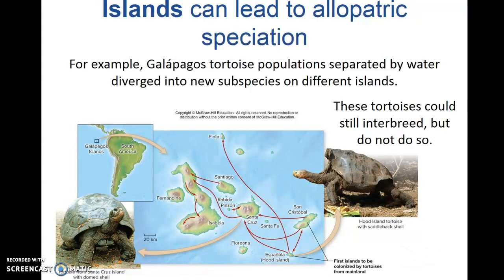Islands are actually really good at doing this. Really good examples are Darwin's finches, if you're familiar with that example, which hopefully I will tell you about during a lecture in chapter 12, but I haven't taught that yet, so I'm kind of getting ahead of myself.